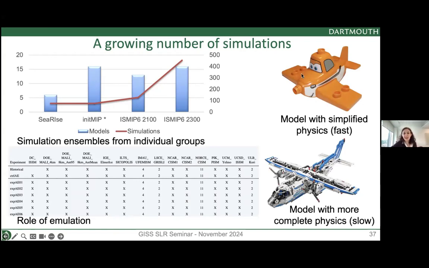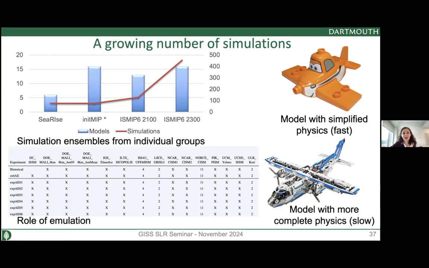It's like these Duplo things that your little kid can play with. They're super easy to put together, and you can have a bunch of those. Other models are designed with different things in mind and try to include processes in as much detail as possible, maybe running higher order or full Stokes stress balance approximation and so on. They have more complete physics, but they're really slow to run, and so can do only a few experiments. So how do you combine them?